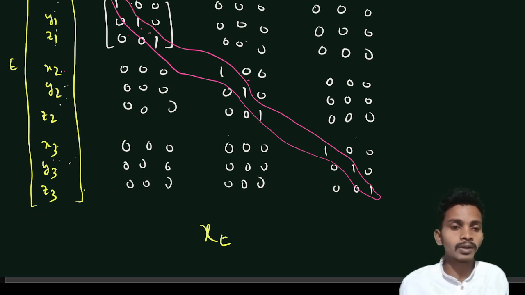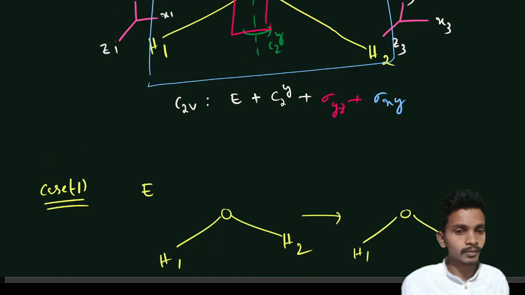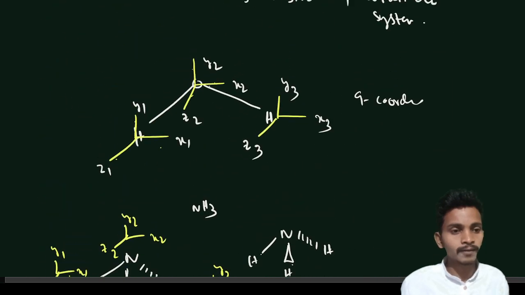So 1, 1, 2, 3, 4, 5, 6, 7, 8, 9, so this will become 9. So for E we get 9.